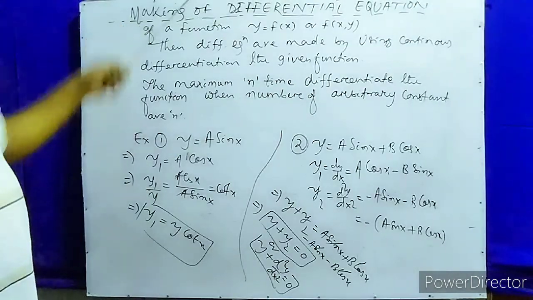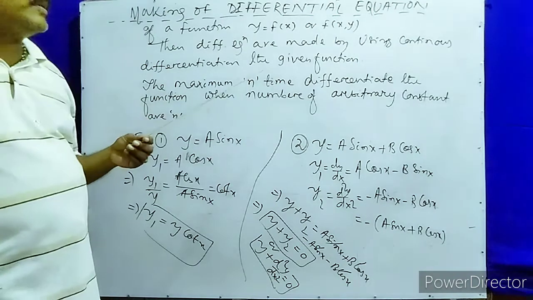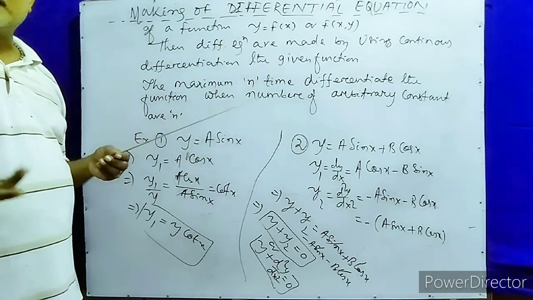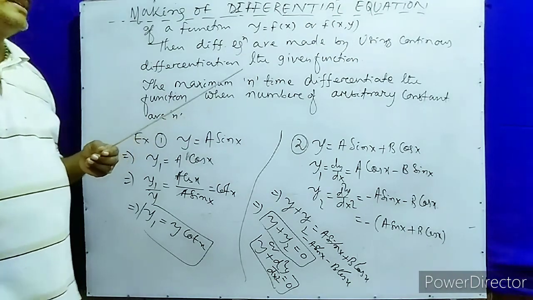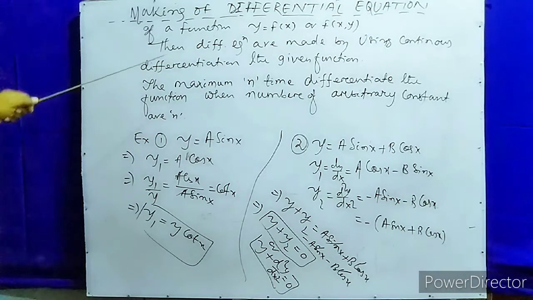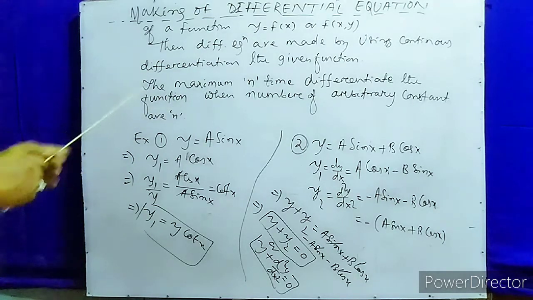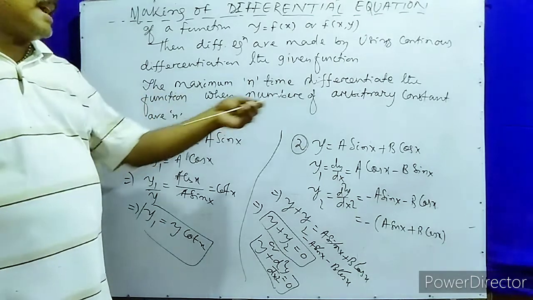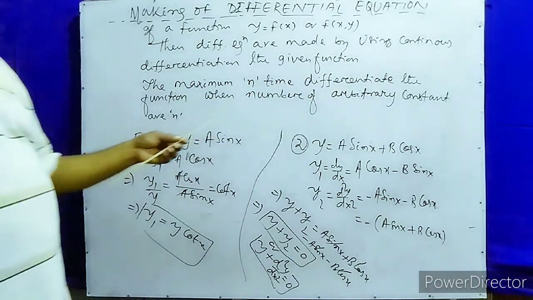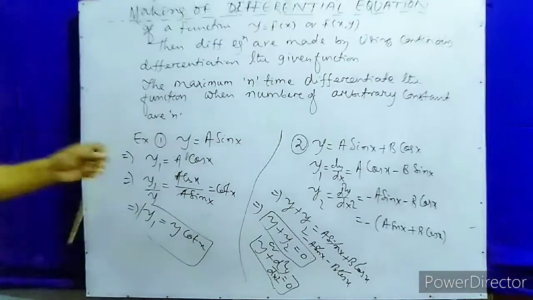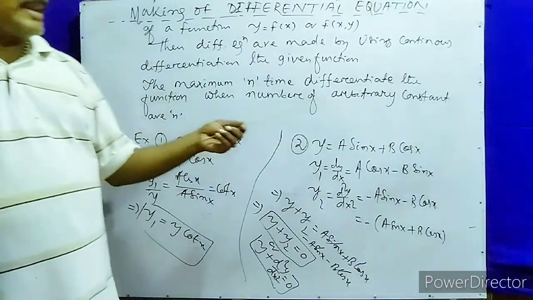Continuous differentiation means we differentiate the given function several times. We differentiate it at most n times when the number of arbitrary constants equals n. So what is an arbitrary constant?